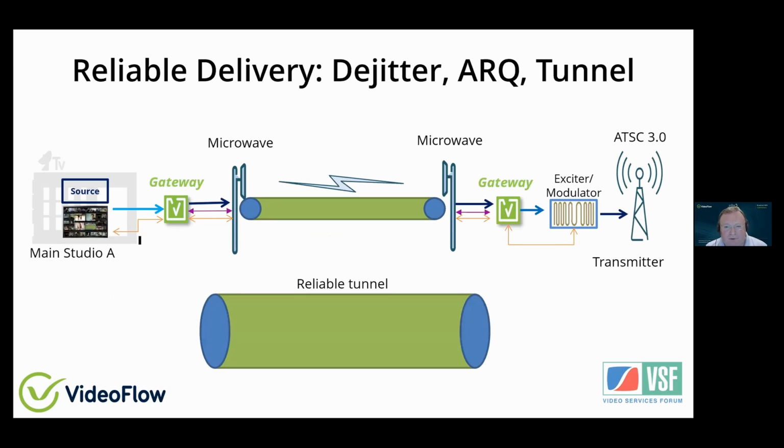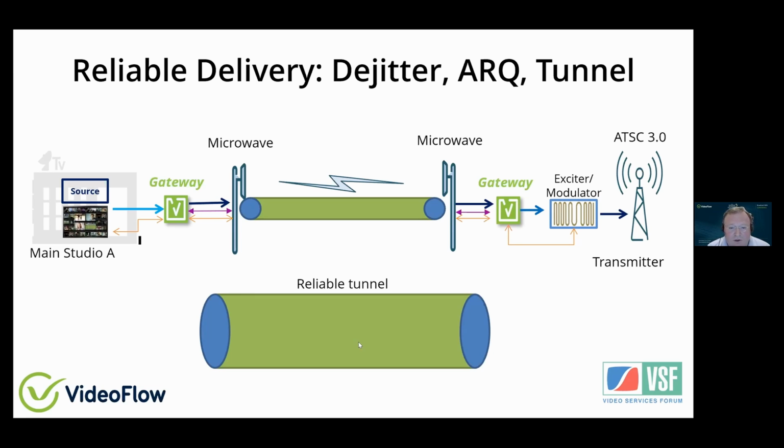So let's see how that works. In order to deliver STLTP, which is IP based, we can change that into a reliable tunnel. Why do we want to do that? We want to enhance the capabilities of ATSC 3.0 and the operational efficiency of doing so.